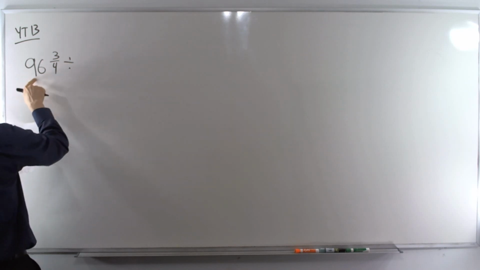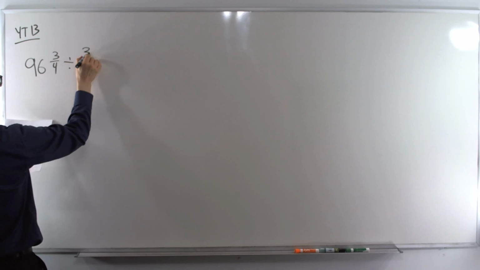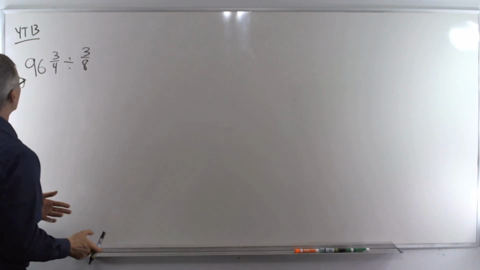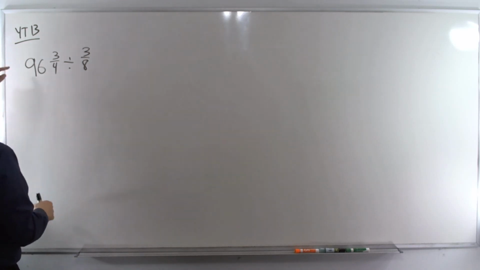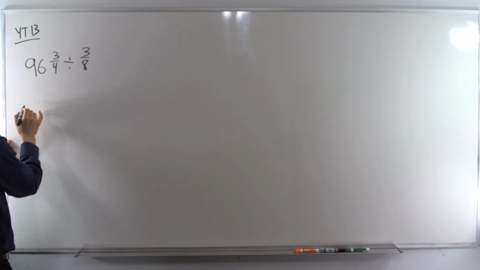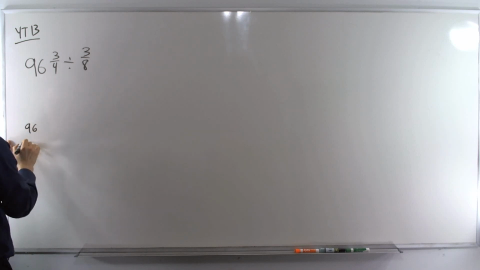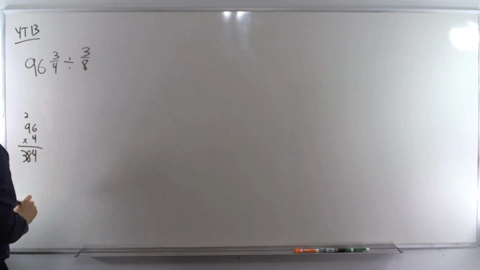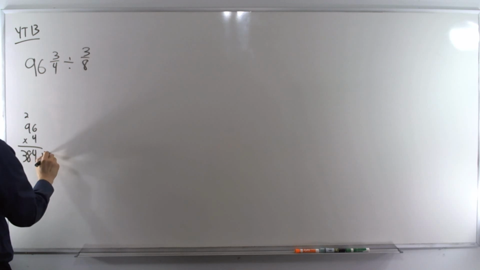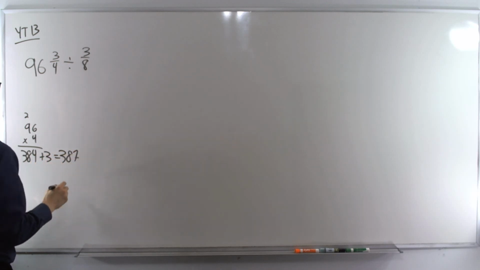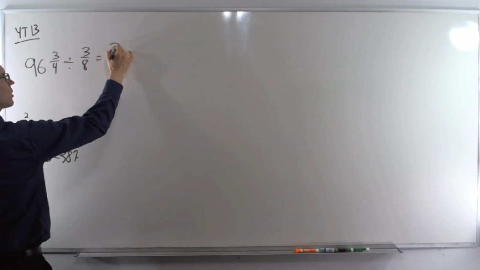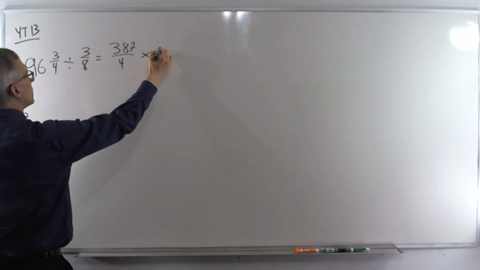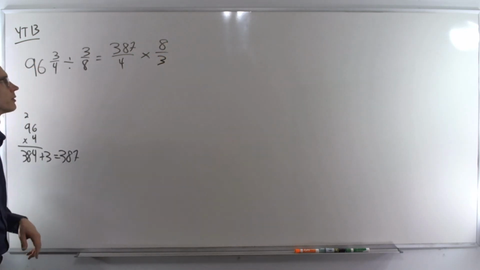So we're taking the whole width of the rig and dividing by width of one pipe. Right, let's convert this first. 96 times 4 plus 3. So that's 384, add on the 3, that's 387. So this is going to change to 387 on top and 4 on the bottom. And we're going to multiply by 8/3.